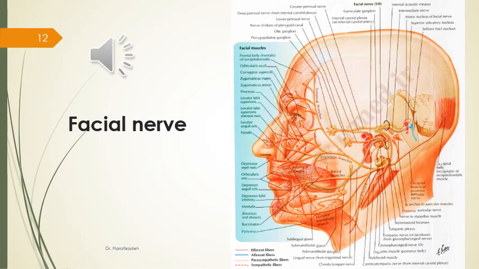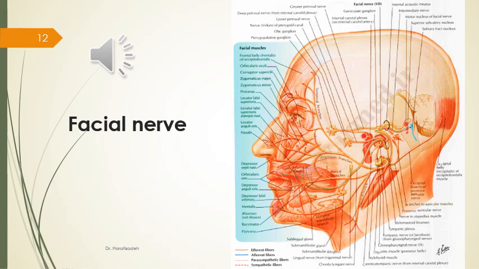Here we can see a comprehensive picture of the facial nerve. From brain to the face, this nerve has sensory fibers and mostly motor fibers. In addition, parasympathetic fibers.